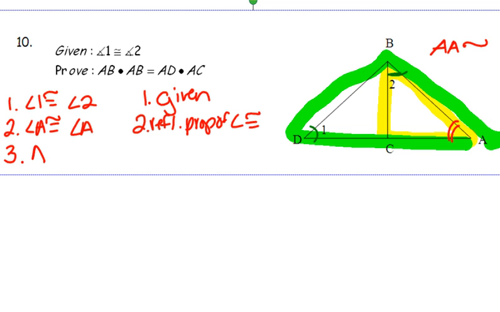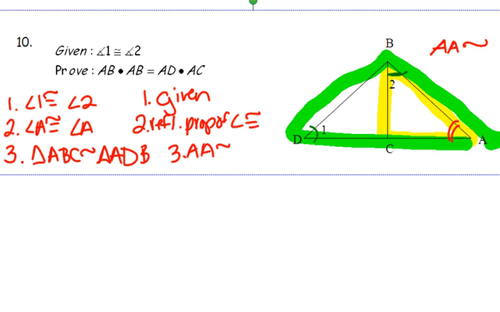So I'm going to say that triangle ABC is similar to, and remember the order of the letters matters, so A corresponds to A, B is angle 2, which means I'm talking about angle 1, because angle 2 is congruent to angle 1, which means that ADB is my remaining angle. All right, and so we said that was angle-angle similarity.